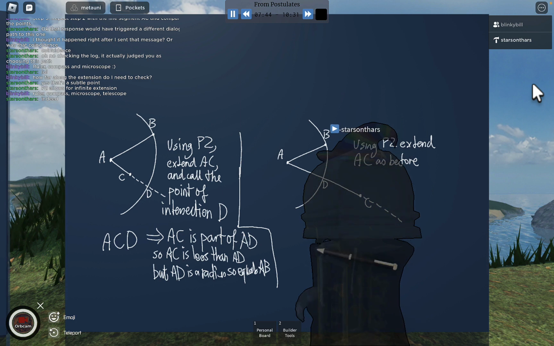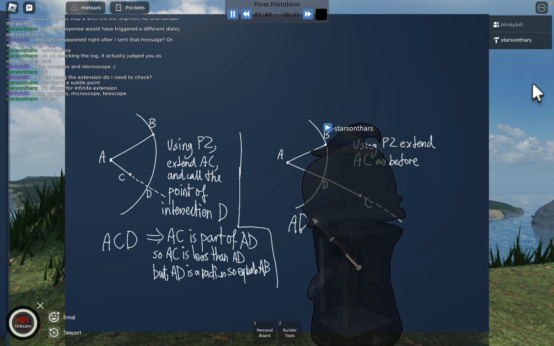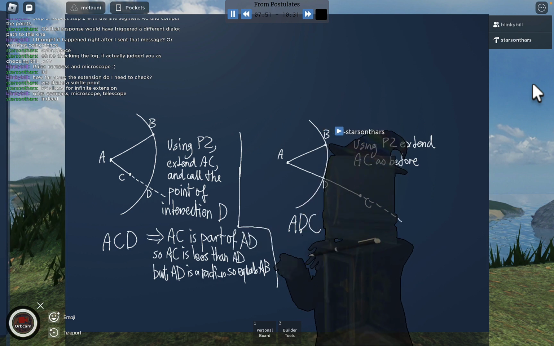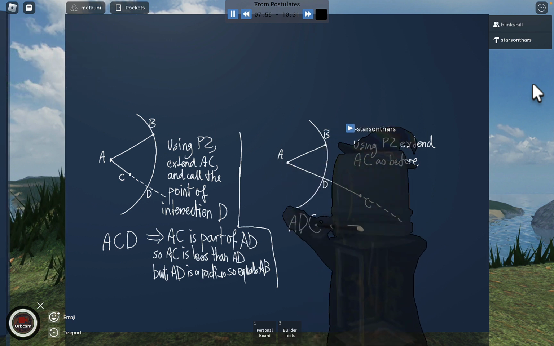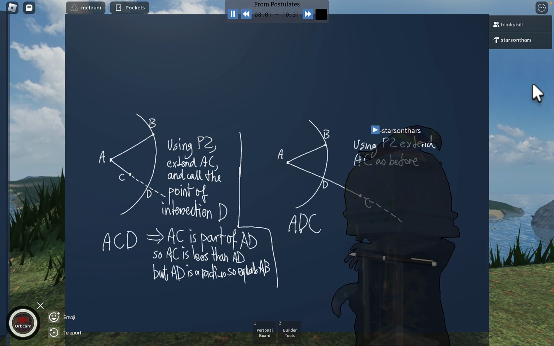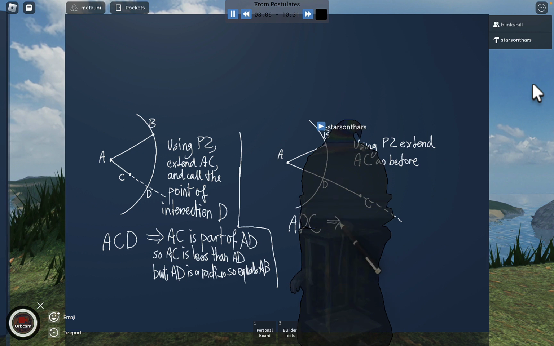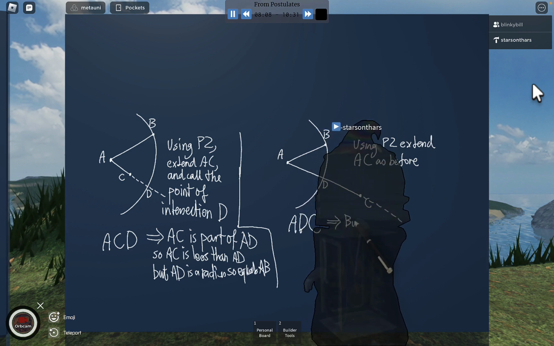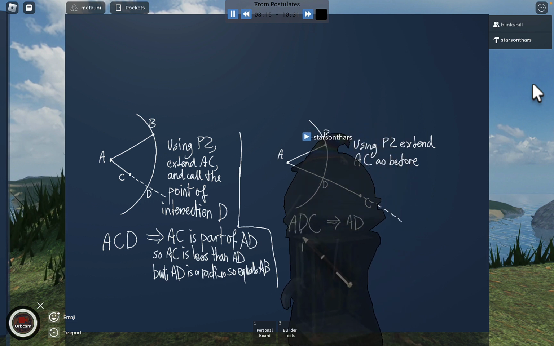If we see instead the ordering ADC, and those are the only two ways of ordering points that start with A, and then have one of the two possible orders on C and D. If we see ADC, then again, AD is a part of AC.